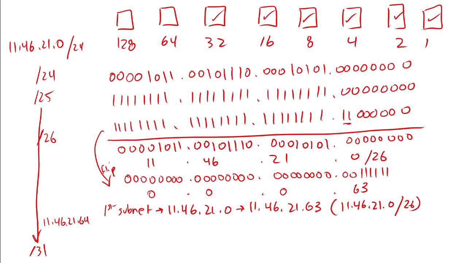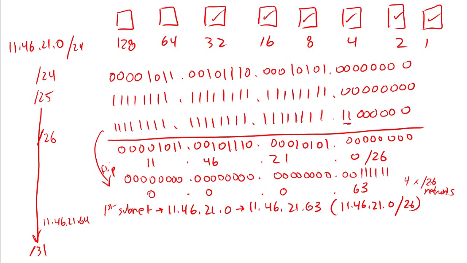Now this can be a /26. If we want to do it that way, we can end up with 4 times /26 networks, or we can split this further.